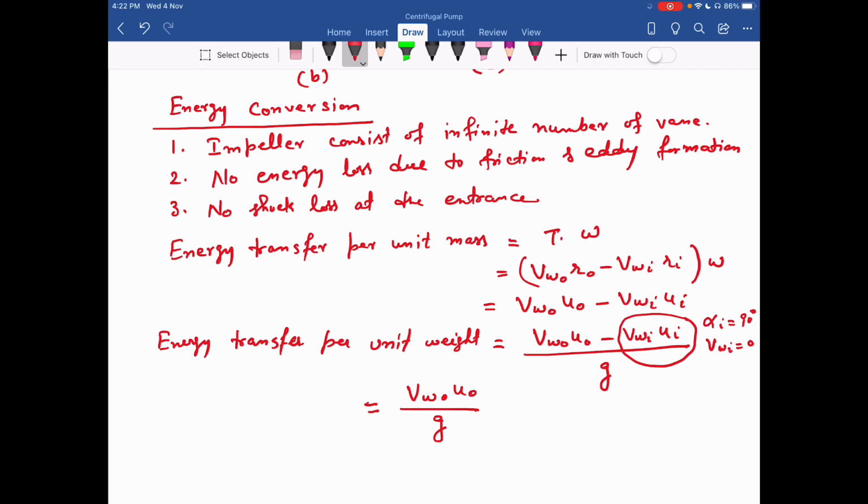Okay. Now this energy transfer per unit weight is another type of head, and I call it Euler's head.